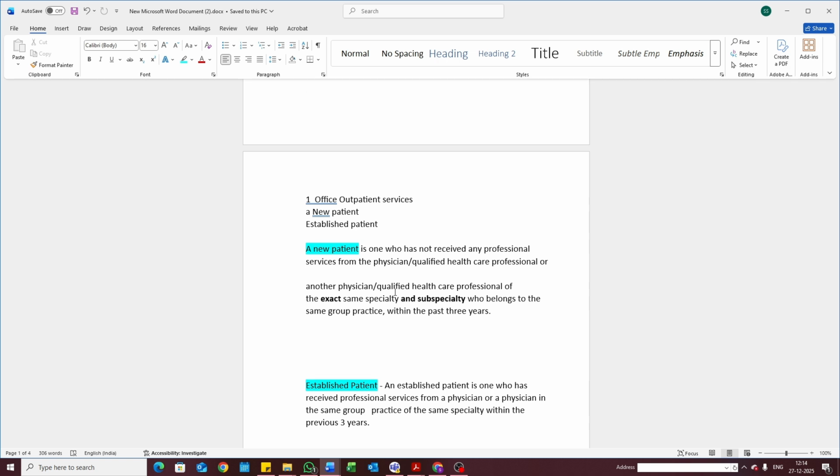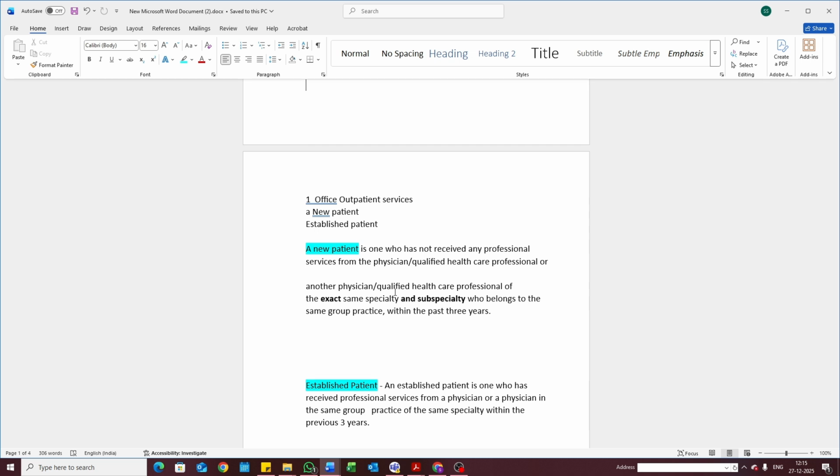And what is an established patient? An established patient is one who has received professional services from a physician in the same group practice of the same specialty within the previous 3 years.